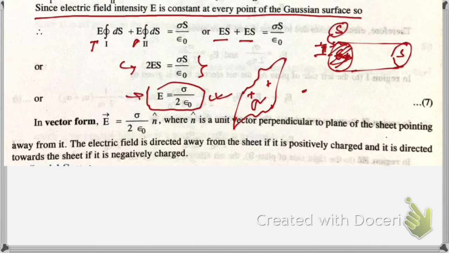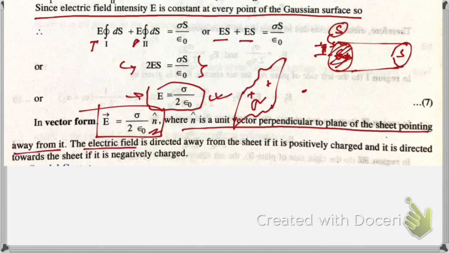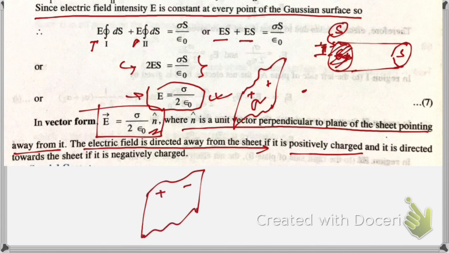And this result in vector form can be written in this way, where n is the unit vector perpendicular to the plane sheet pointing away from it. The electric field is directed away from the sheet if it is positively charged. As we have assumed that this infinite charge sheet is positively charged, the electric field must be going away from this positive charge.